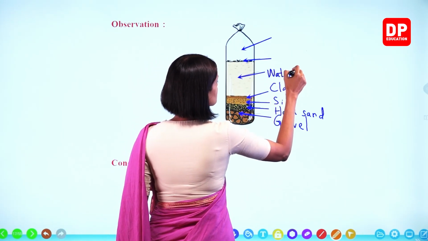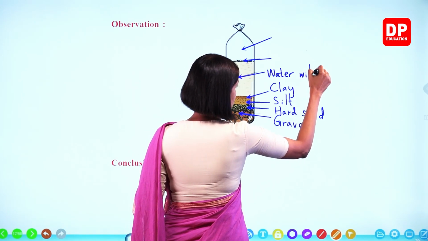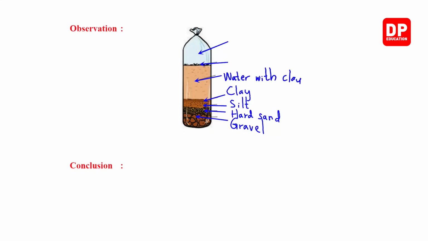Water with clay particles. Plant and animal parts.